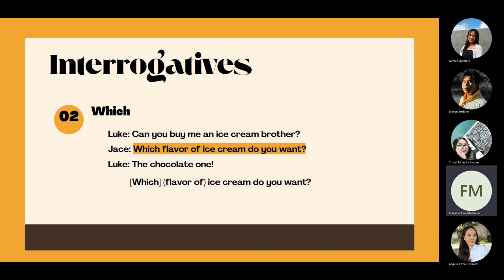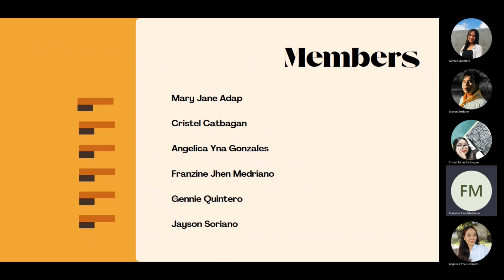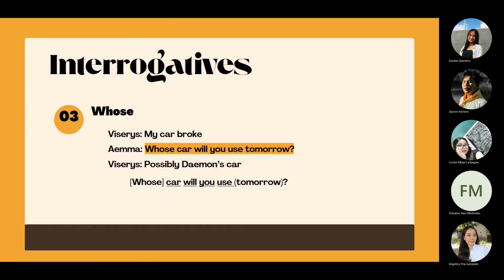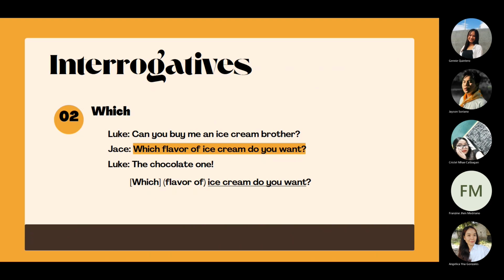Next we have which. We use which when the speaker knows there is a limited number of choices. Let me explain. We have another example here where speaker 1 asks speaker 2 to buy him an ice cream. Jace, the speaker 2, then asks Luke, the speaker 1, which flavor of ice cream does he want.